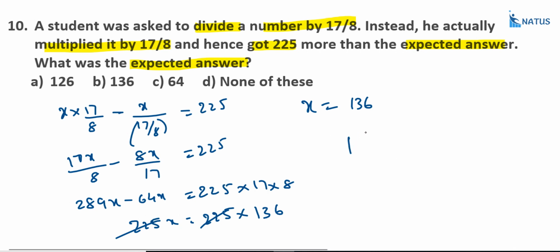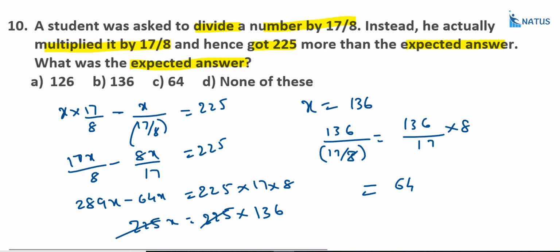So here we will divide this number 136 by 17 by 8. So this is equal to 136 by 17 into 8, that is equal to 64. What is the answer? Option C is the correct answer.